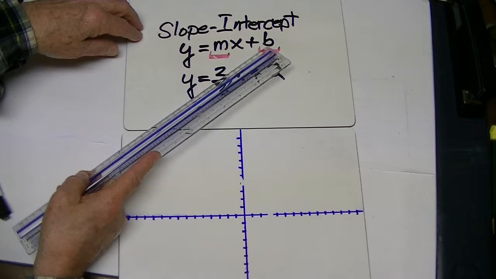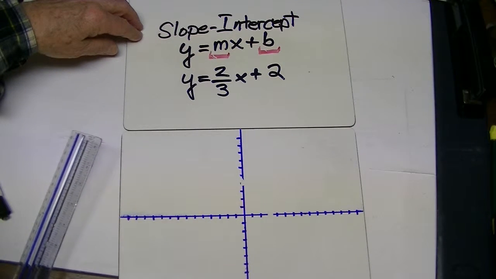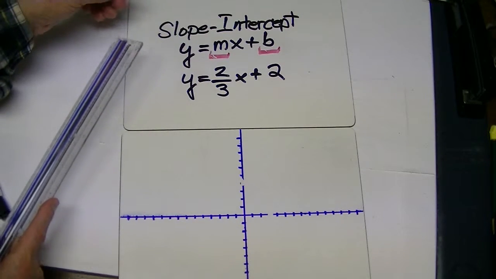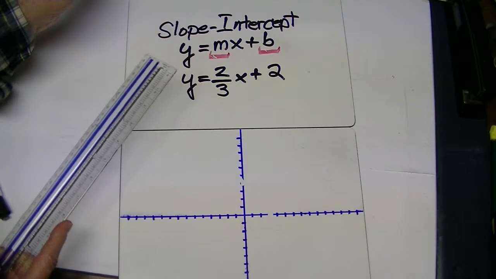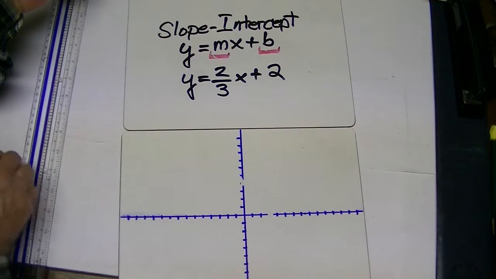So b is your y-intercept, and m is your slope. So again, we want you to illustrate this and show a colleague how this is done, and I will illustrate it now.